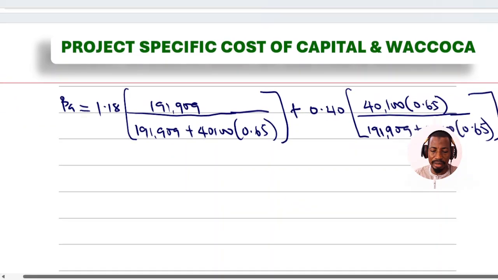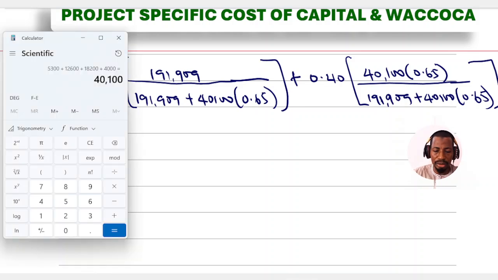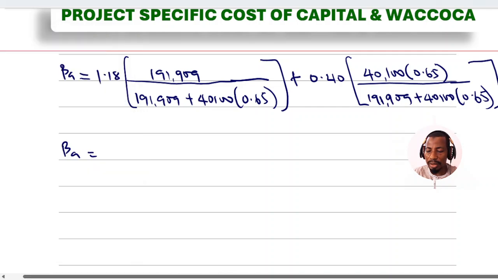Okay, that's it. So our beta asset will then be equal to, bring out the calculator, 4100 multiply by 0.65 plus 191,909 equal, that's 217,974.